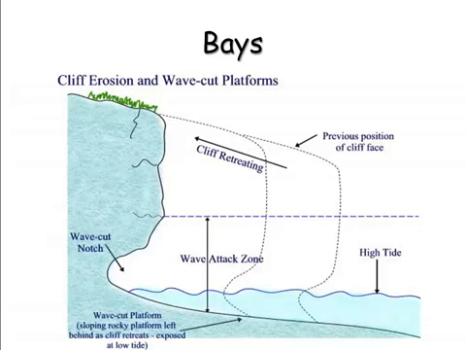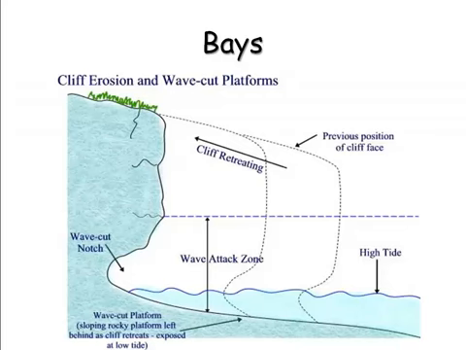At the backs of bays, especially with much wider bays, where you have less sheltered conditions, so the energy of the waves is still relatively high, or alternatively right at the front of the headland, where waves are attacking it from the front rather than from the side, you can get wave-cut platforms forming. The process is very simple.